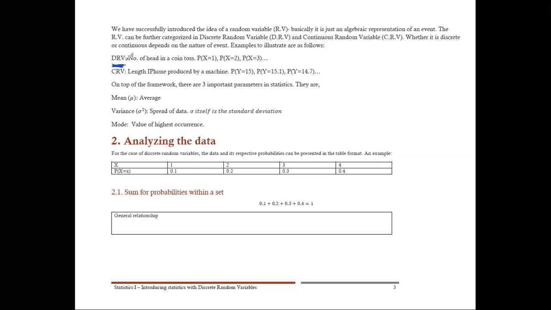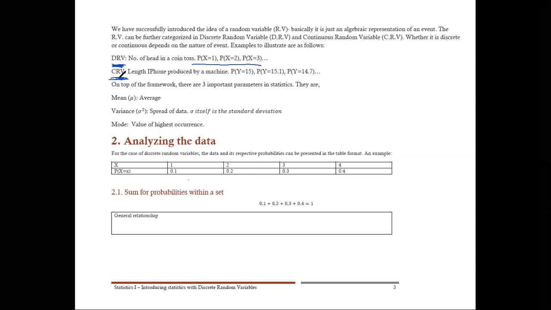Okay, DRV is discrete random variable, meaning to say that the random variable can only take discrete values, values like 1, 2, 3, 4, integer values. Okay, using just another example, the number of coin tosses, so X equals 1, 2, 3, 4, 5. So this is an example of a discrete random variable. Another example that we want to look at is continuous random variable, CRV. So CRV, for example, is the length of iPhone produced by the machine.